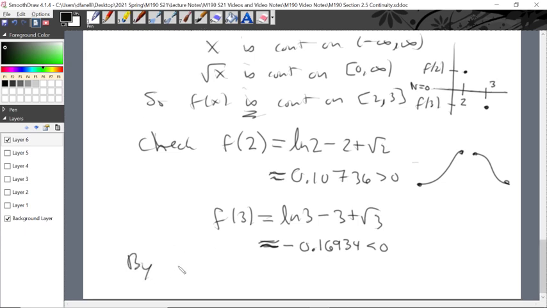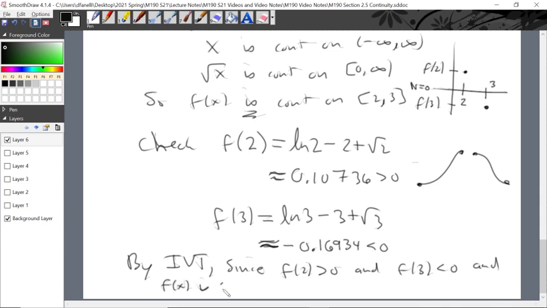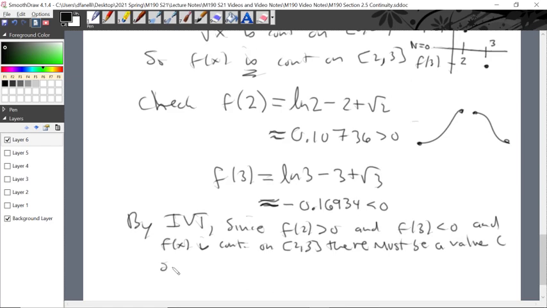So we can state by the intermediate value theorem, since f of 2 is greater than 0 and f of 3 is less than 0, and of course since f of x is continuous on the closed interval 2 to 3, then there must be a number c such that f of c is equal to 0.